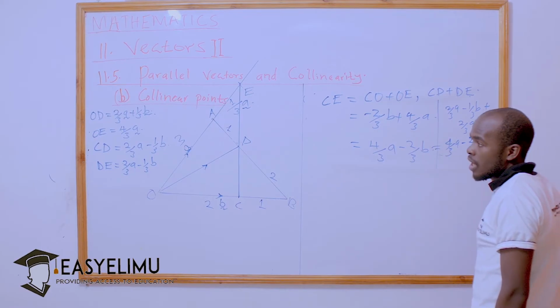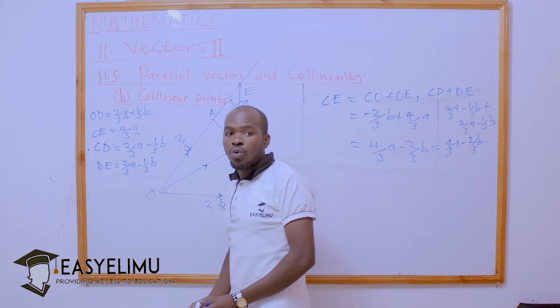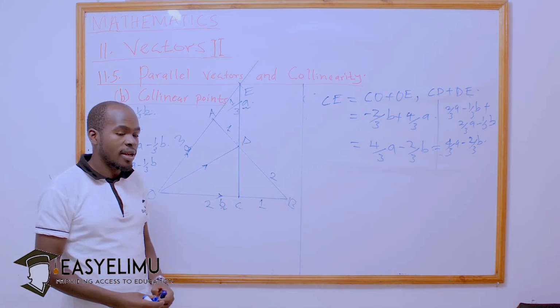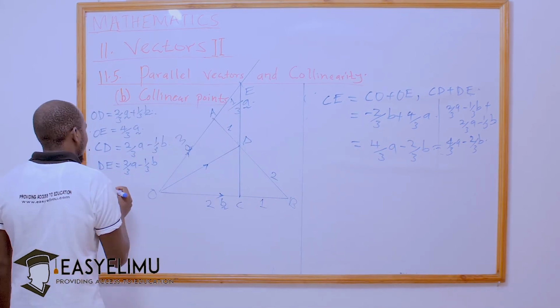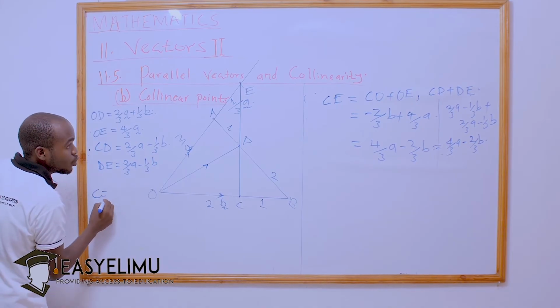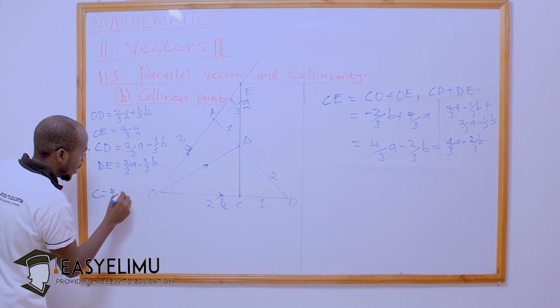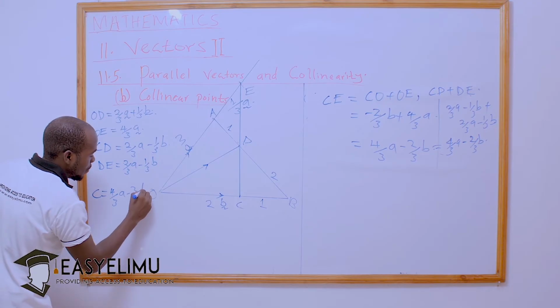Whichever method you take will still give you the right answer. So we have found CE equals 4 over 3 A minus 2 over 3 B.